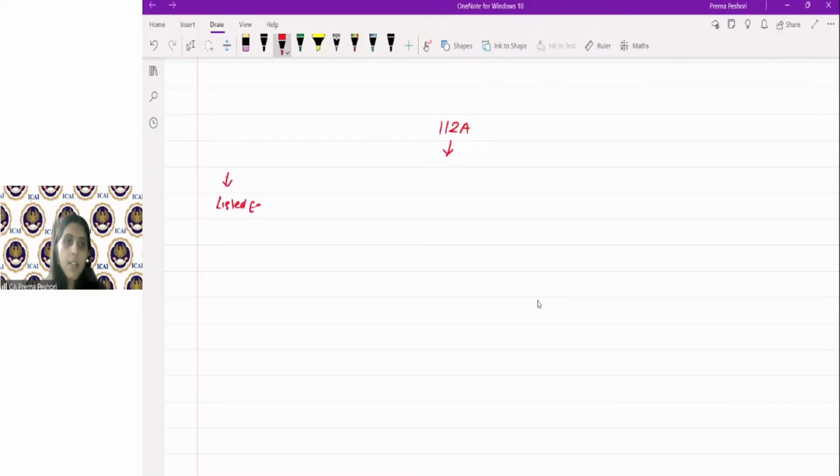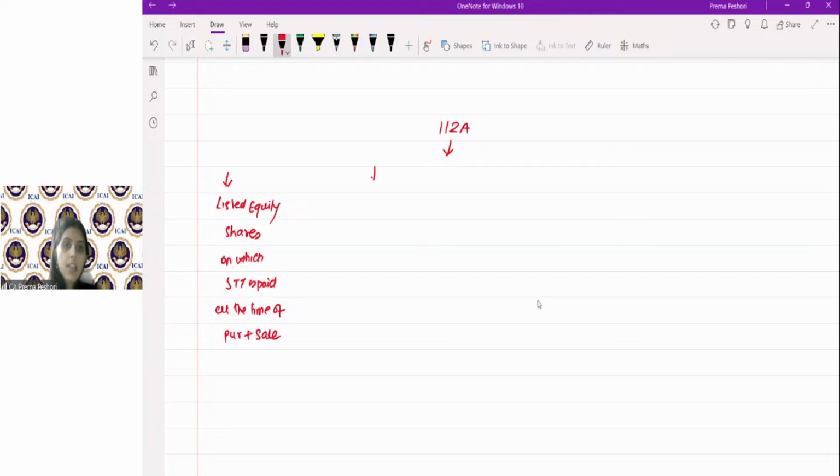Listed equity shares, right? On which STT is paid at the time of purchase plus sale.